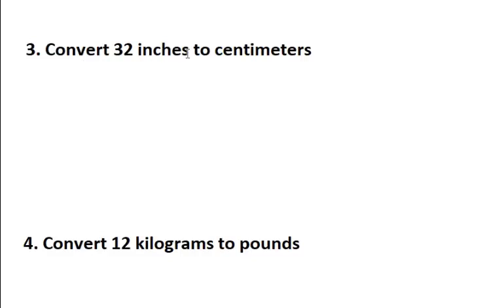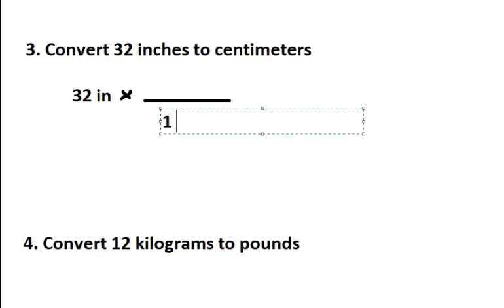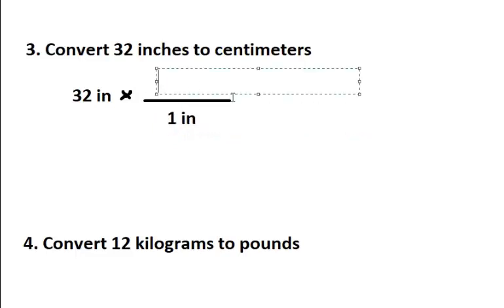Let's go with the next one. Convert 32 inches to centimeters. Same idea again. I'm gonna put the information I know, 32 inches, and I'm gonna multiply with a fraction. The fraction I'm gonna use is the identity that relates inches and centimeters. I need to put inches down, so I'm gonna put 1 inch down and 2.54 centimeters up.